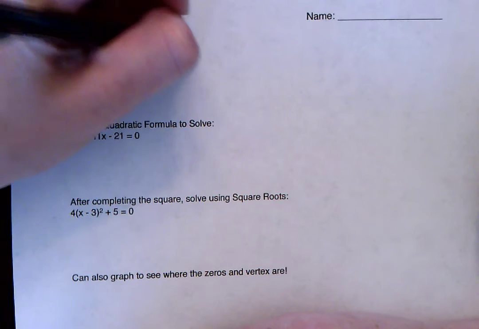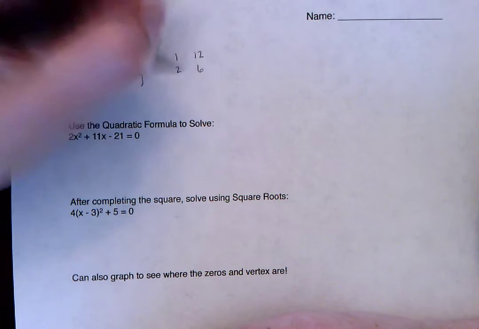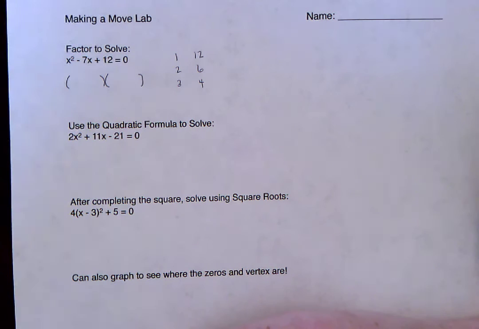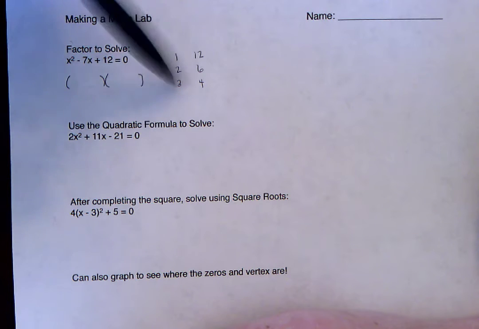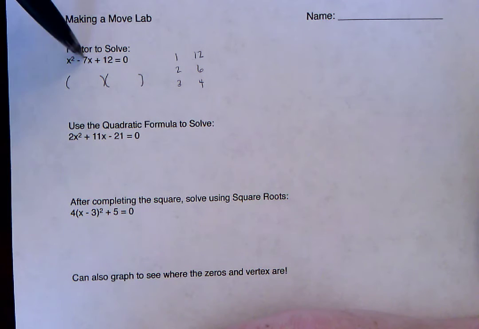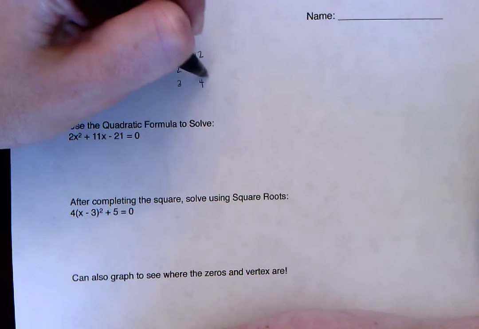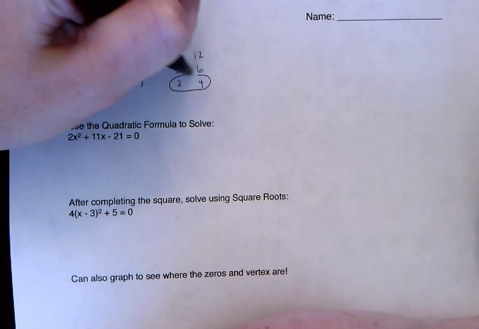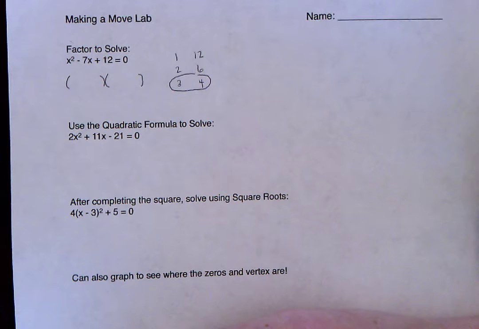So 1 and 12, 2 and 6, 3 and 4. Those are the factors of 12. And then you'd have to think which one, if added or subtracted, could give you a 7. And you can see here that the 3 and the 4 together do make 7. And then you just got to figure out the signs.